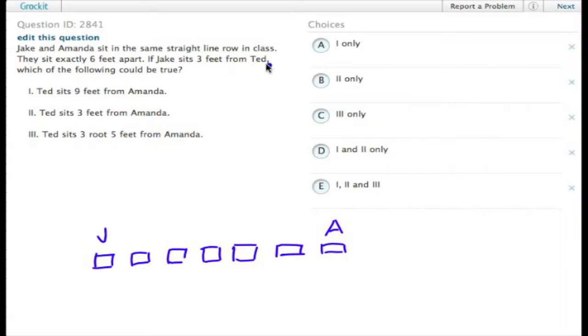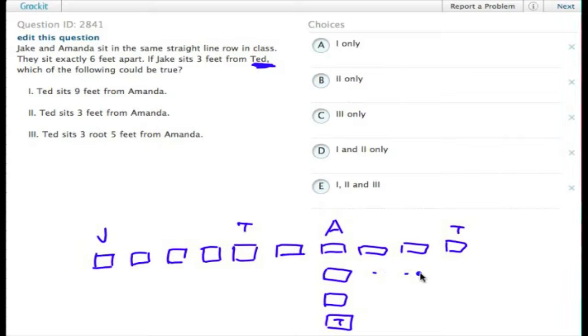It does not specify that Ted is also on this line. So we determined that he could be here or here, but there's nothing to say that Ted isn't right here. Just kind of fill in these desks in your head in the classroom. There's nothing to say that Ted is also on this line.